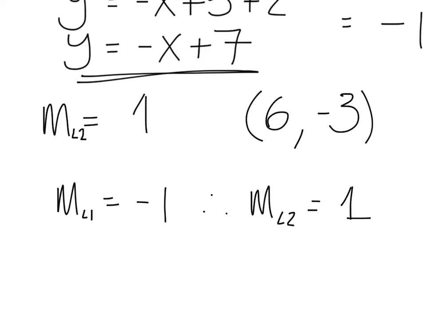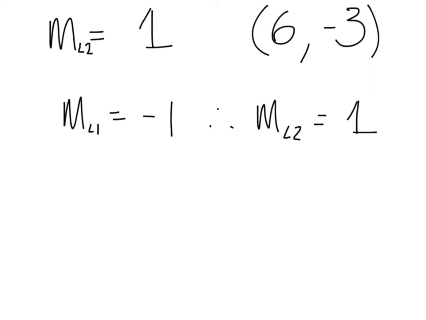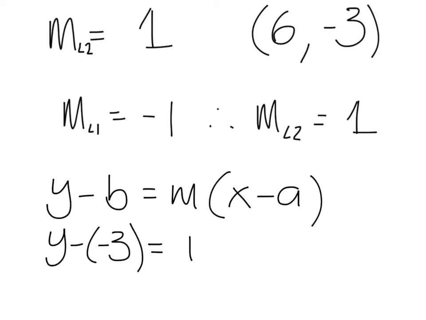Now we have a gradient and a point for our line L2, which means we can work out the equation of the line. Substituting those into the straight line formula, y minus b equals m bracket x minus a. So that's y take away -3 equals 1 bracket x minus 6.